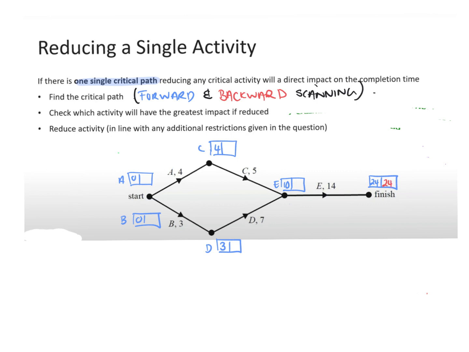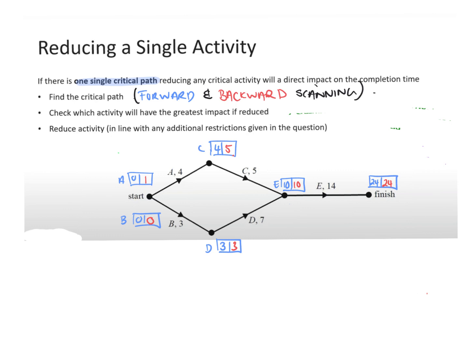I've got 24, we minus the 14, that brings us back to 10. If I go backwards via the C way, it would be 10 minus 5, which would be 5. If I went backwards via the D way, it would be 10 minus 7, which is 3. Finishing off at the bottom, D, 3 minus 3, takes us back to 0, and up the top at C, 5 minus 4 is 1.